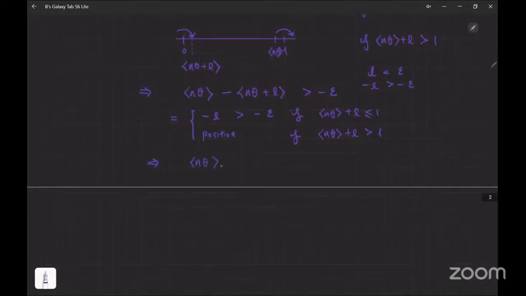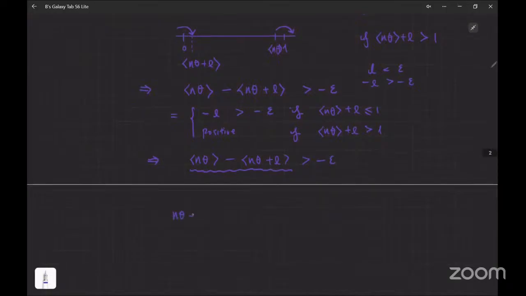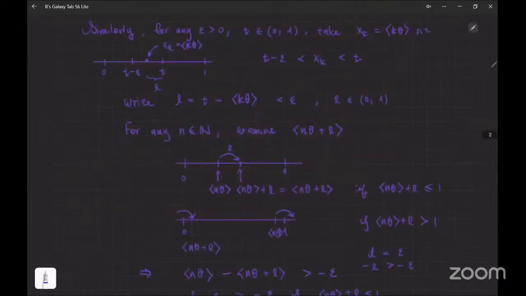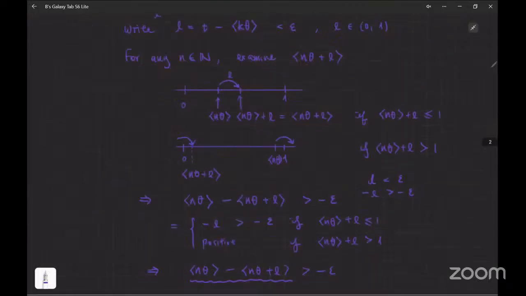Now we can leverage this fact. How are we going to leverage this fact? Well, n theta plus L is equal to n theta plus what is L, right? L is t minus k theta.